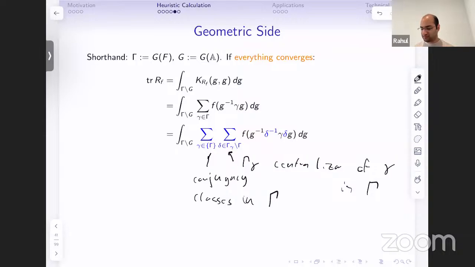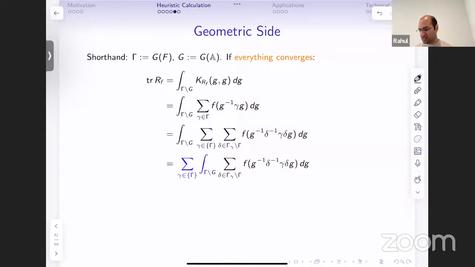Okay, so now we can do something interesting. The point is this inner sum over gamma mod the centralizer is gamma invariant, right? So if you change your variable g by something in gamma, it doesn't change the total value of this inner sum.